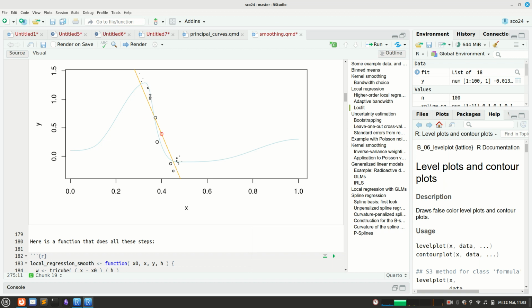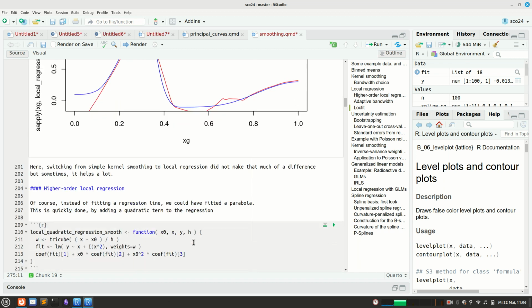Remember, residuals are the vertical distance of a data point to the line, and the residual variance is the variance of this vertical distance. And we know that, and from this we can calculate the uncertainty of the slope and the intercept, and from this the uncertainty of a fitted value for this red point. So for the red point's y calculation. And this way I get an uncertainty for each point in my local regression.